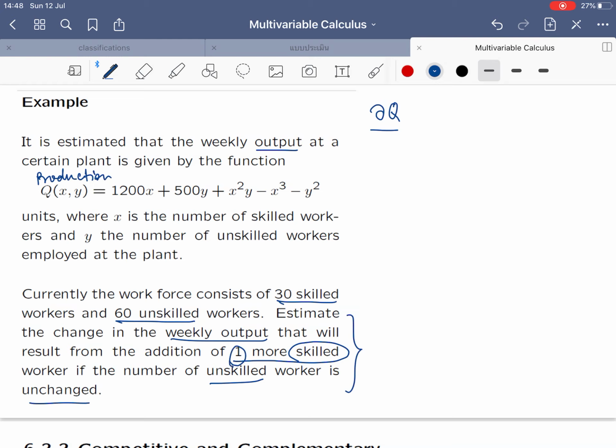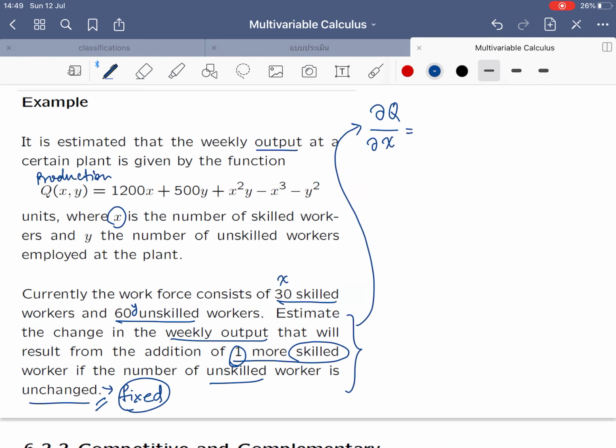The one that is changed is the skilled, so the skilled is the x, so the change is in terms of the x variable only, and your y is unchanged, so it means that your y is fixed. So this one you are going to find the derivative of Q with respect to x, where your x is 30, your y is 60.